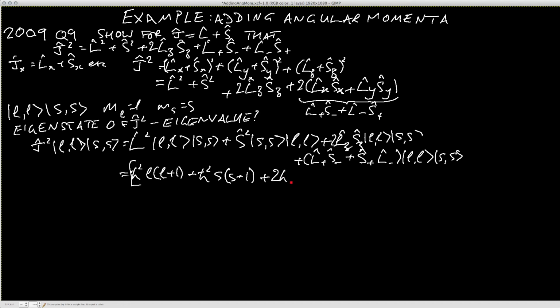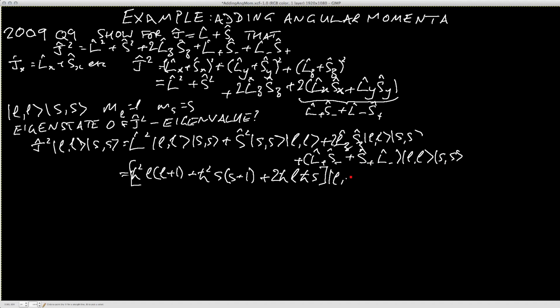LZ is going to give us an H bar L. SZ is going to give us an H bar S. And then when you work it out, you find that these two terms, the L plus S minus and S plus L minus, both give us 0. Sorry, L plus acting on LL gives 0, and S plus acting on SS gives 0, because you can't raise those states.